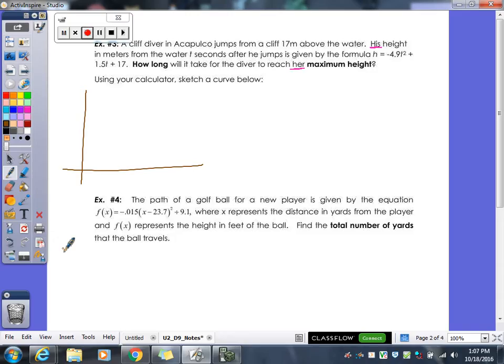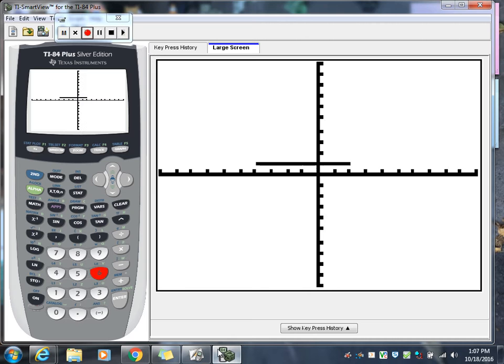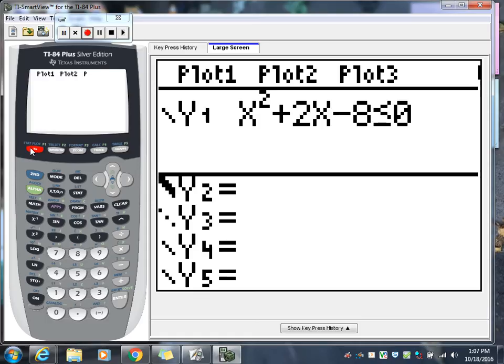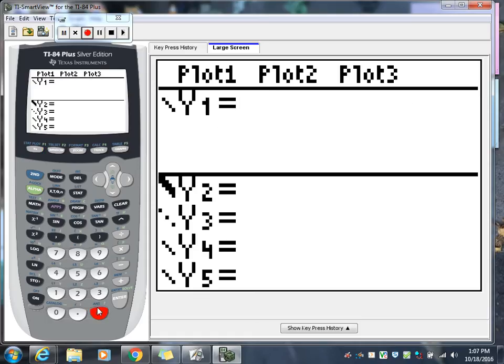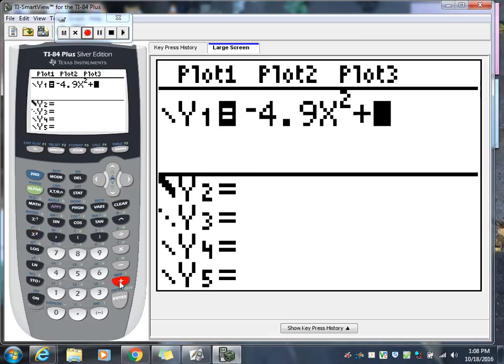Okay, so they want us to first sketch a quick little picture based off of our graph. So let's have you go into your calculators under y equals, and we'll type that in. So negative 4.9t squared plus 1.5t plus 17, right?